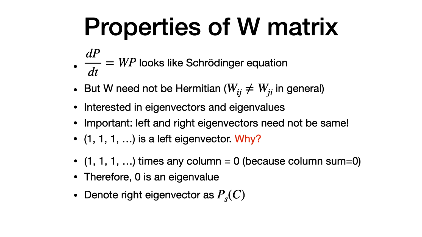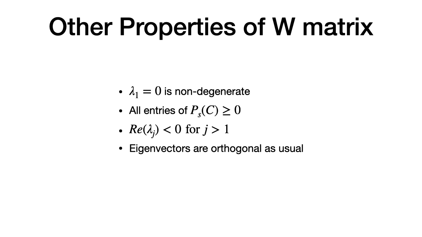Now, what are the other properties of the W matrix? Other properties we are just going to state. Some of them are math results, some of them are not. But these are properties that are true for any W matrix. First, the eigenvector with eigenvalue 0 is non-degenerate, meaning only one eigenvalue is 0, you cannot have two eigenvalues 0.